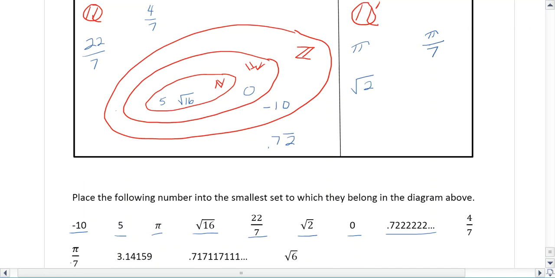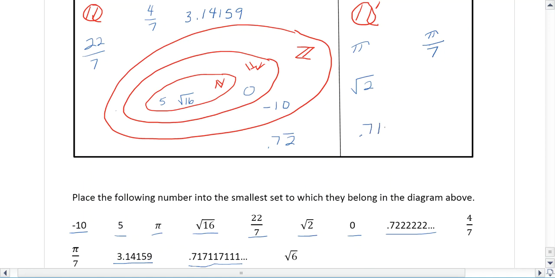Now, 3.14159. Again, we use this as an approximation for pi, but it is rounded off and it does end, so it belongs over in rationals. Again, a bit of a trick question. This 0.71711711 has a pattern.